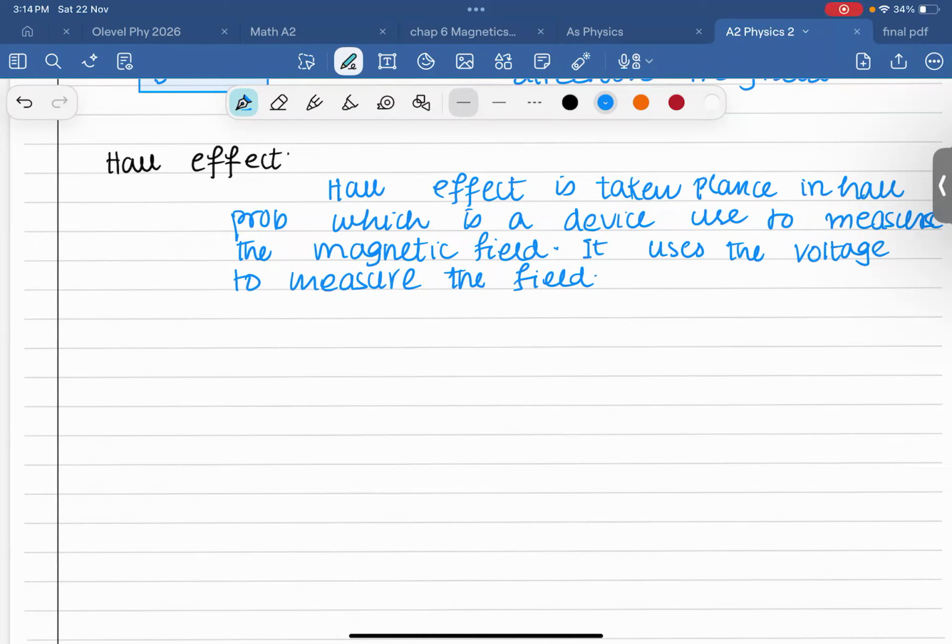Wherever it stops, we read the corresponding value and say this is the temperature present. But over here we use the voltage to measure the magnetic field.